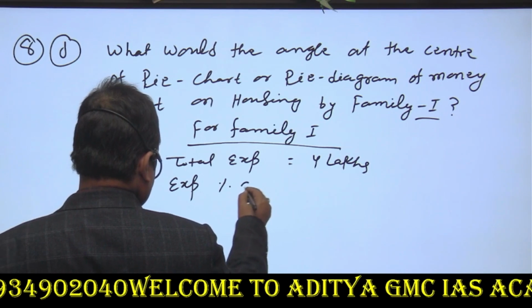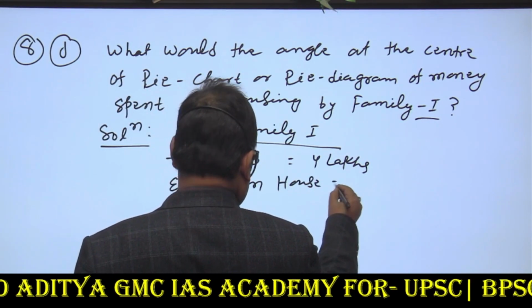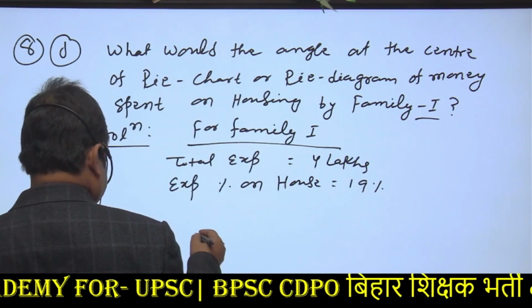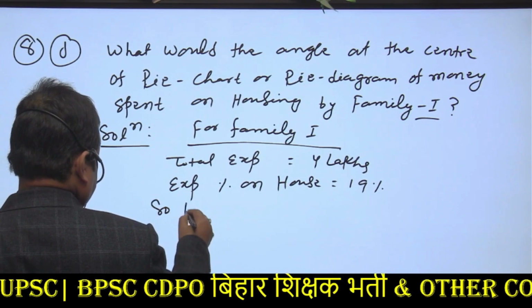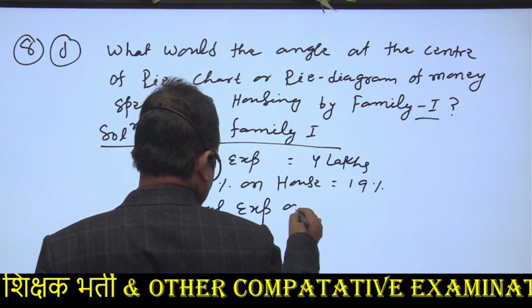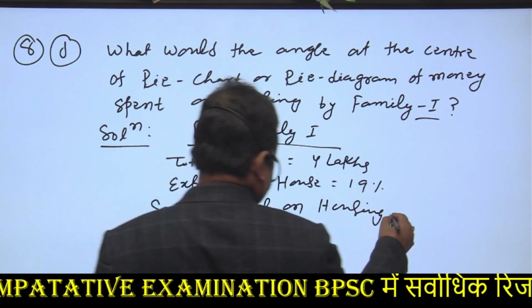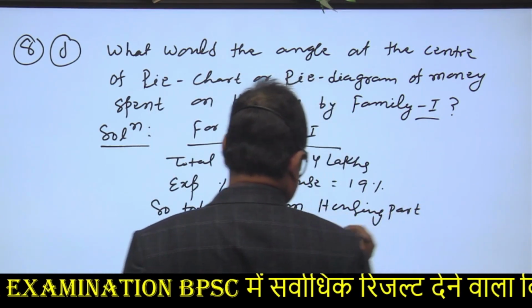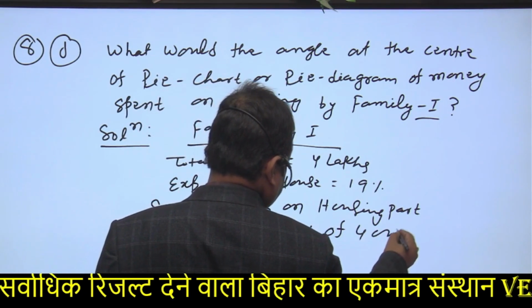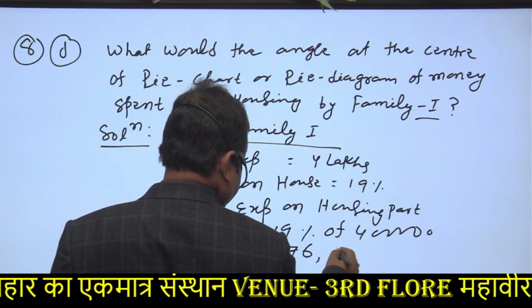Expenditure percent on house equals 19%. So total expenditure on housing part equals 19% of 4 lakhs equals 76,000.